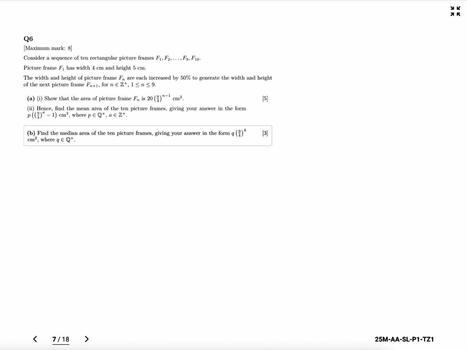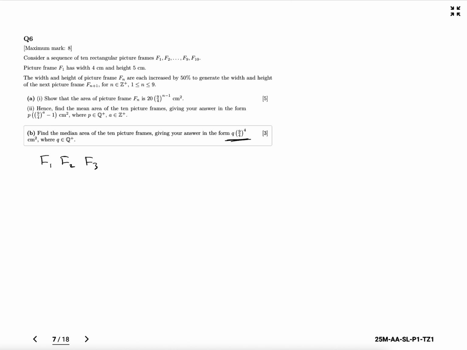Right, so part B, we're going to find the median area of the 10 picture frames, giving your answer in this form here. And finding the median of 10 things, if you imagine lining them all up, F1, F2, F3, and so on, if we have 10, that means that there's going to be 2 in the middle because it's an even number.